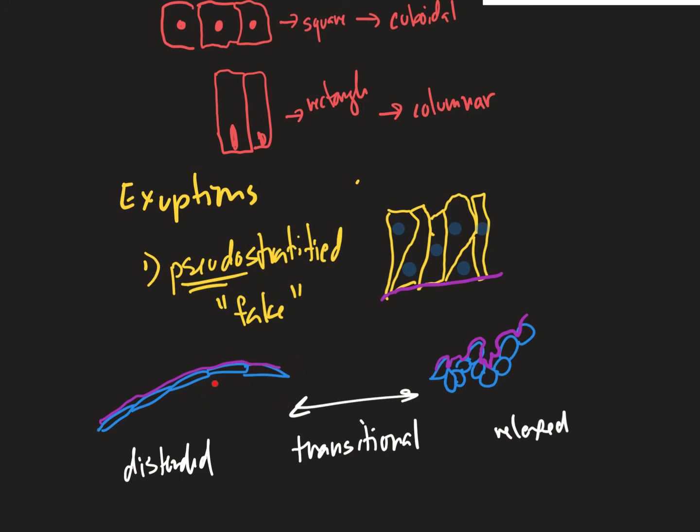Maintaining the barrier between the contents of the bladder and the cells underneath. Okay? And then you void the bladder, you go to the bathroom, urinate, and then it returns back. It transitions from one state to another. But here, when you first look at it, it might look stratified because they kind of look like they're on top of one another. Okay, so those are the two rules.